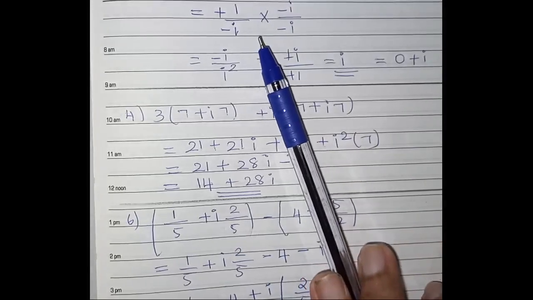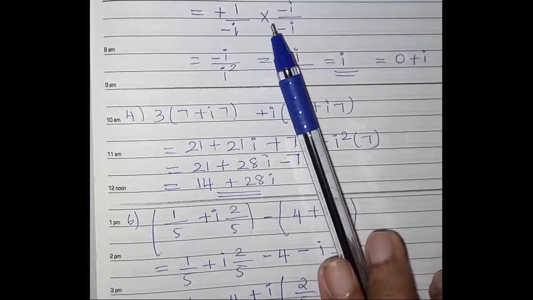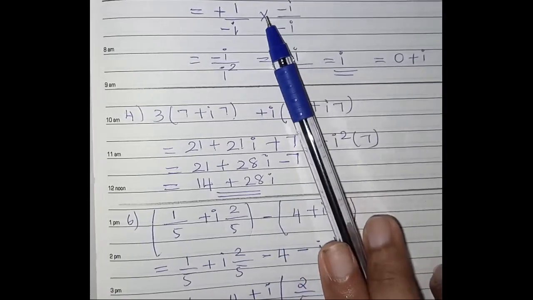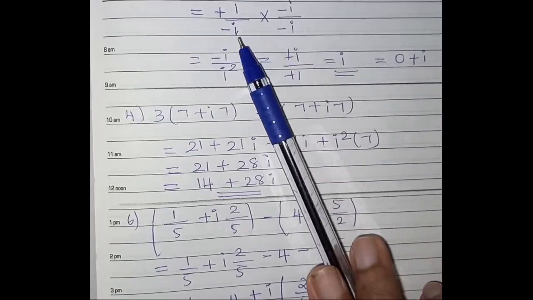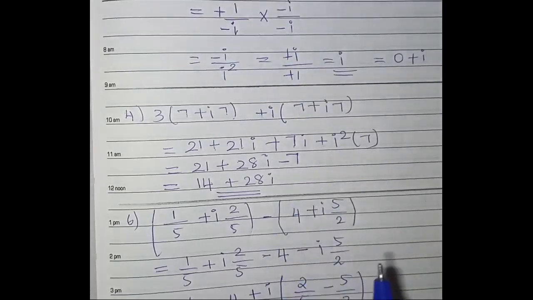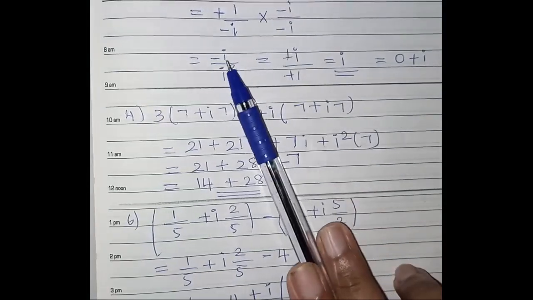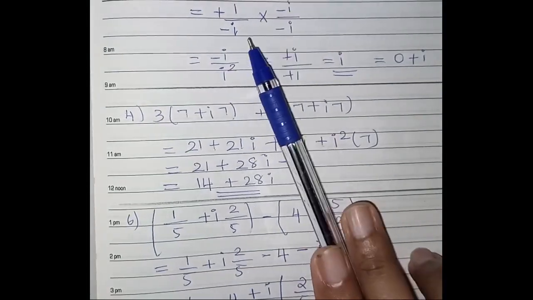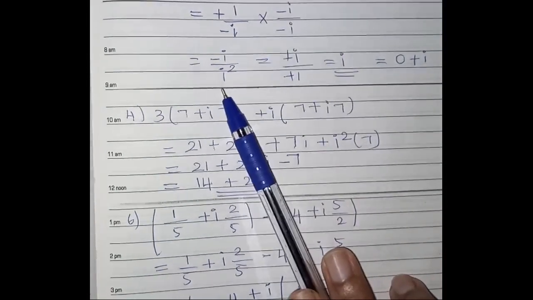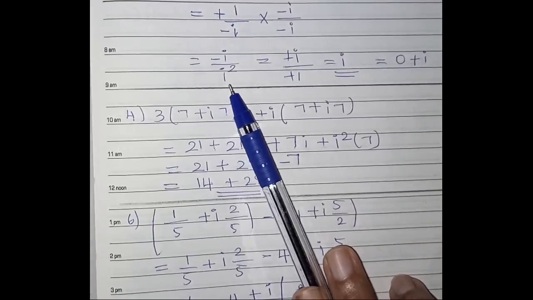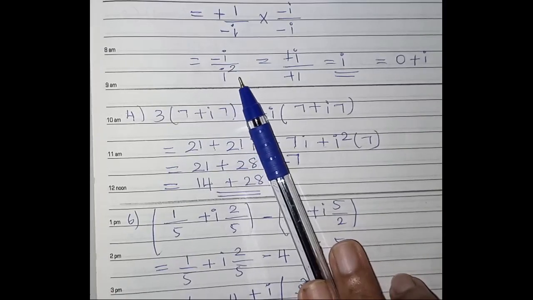But I should get it in the form a plus ib, which means i should be in the numerator. So what we are doing is multiplying again by minus i by minus i. So what will you get? 1 into minus i is minus i. Minus into minus, plus i into i square. Understand? But the i square value is minus 1.